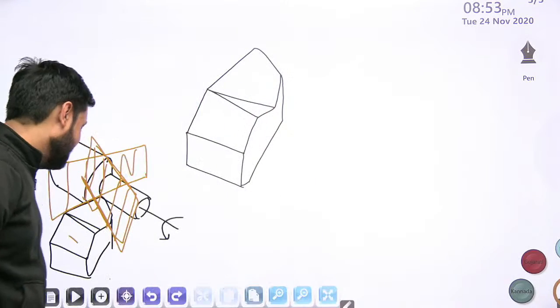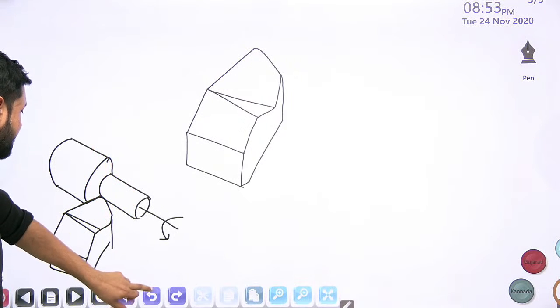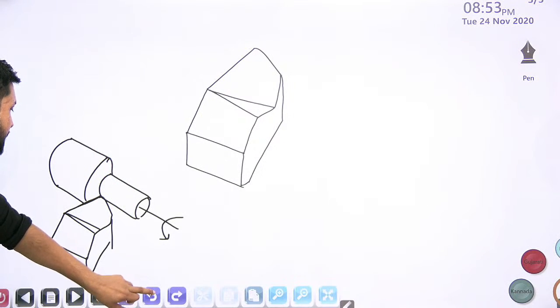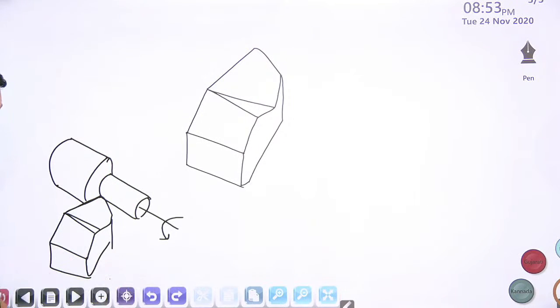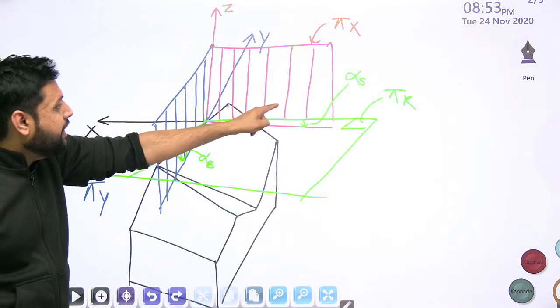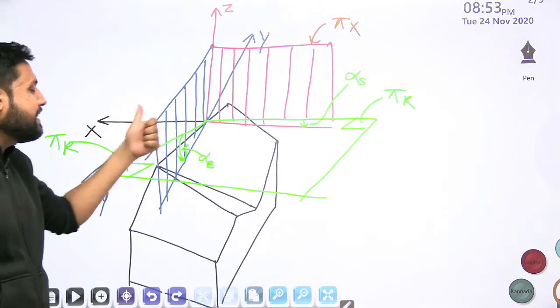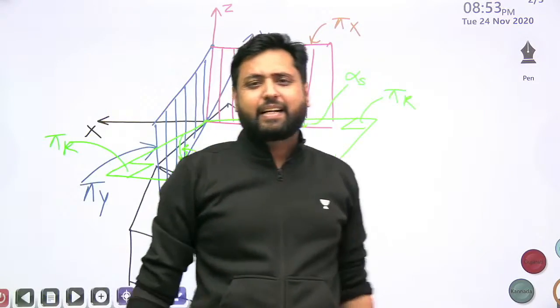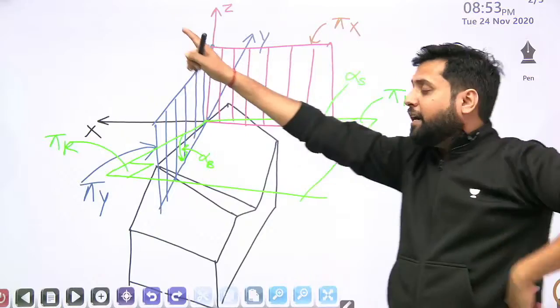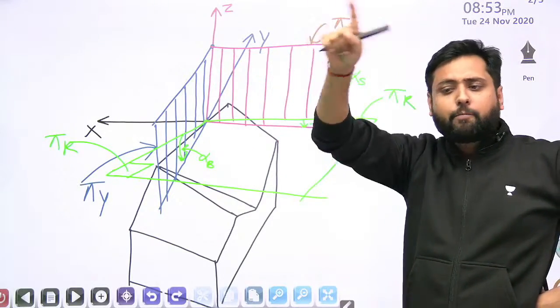If the force analysis has to be done, then can you use, during the force analysis, the angles being measured in these planes? For the force analysis, can you use back rake angle and side rake angle? No, you cannot use back rake angle and side rake angle for the analysis of force.